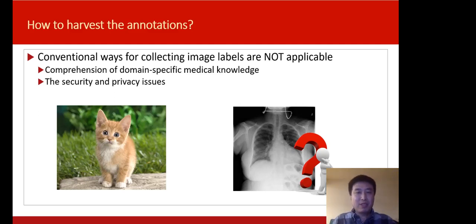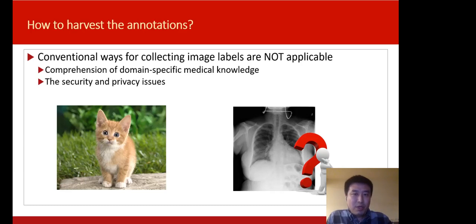There are a couple of reasons. Number one, it usually requires domain knowledge to annotate medical images. For example, when you see the chest X-ray on the right, unless you are a physician or a radiologist, fewer people will know whether there's a cardiomegaly in the chest X-ray.